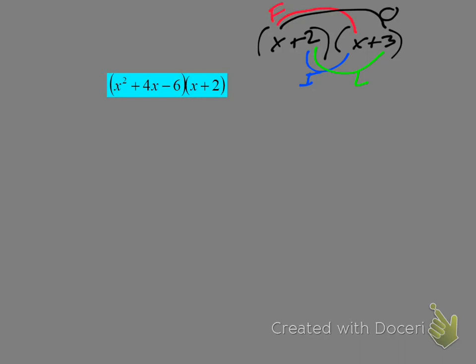Okay. They are binomials. Now, a bicycle has what? Two wheels. A binomial has two numbers or two terms, as we tend to call them now. X is a term, 2 is a term. Now, point being is this. Foiling is specifically for binomial times binomial. The concept of FOIL is specific to binomial times binomial.